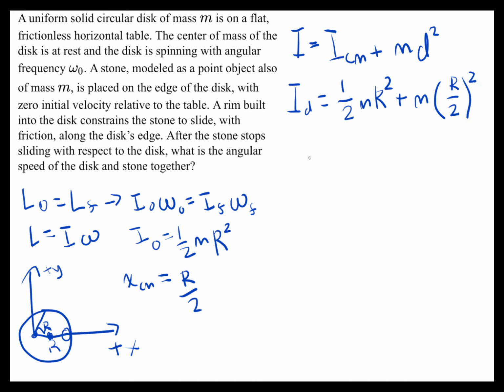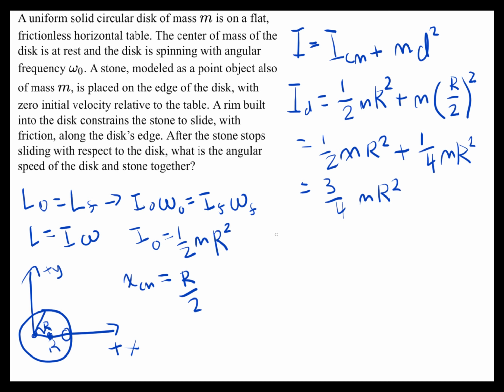So this becomes 1/2 mr squared plus 1/4 mr squared, which simplifies to 3/4 mr squared. That is the moment of inertia of the disk after the stone has been placed.